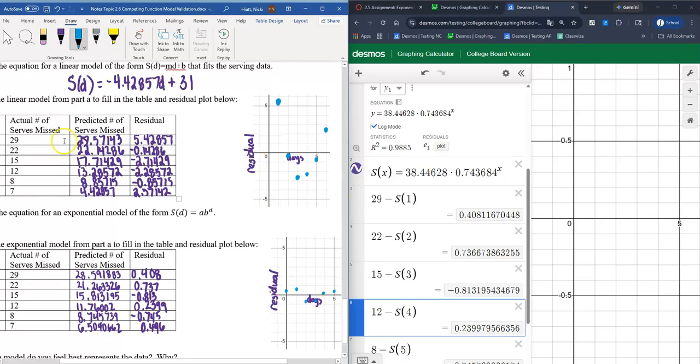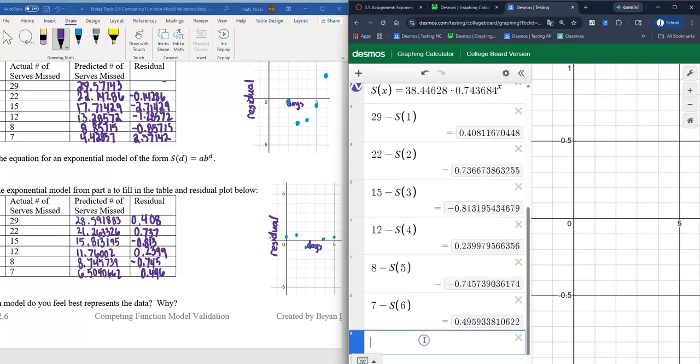If I fix this one up here, I'll get negative 1.28572 here, and I will get 29.